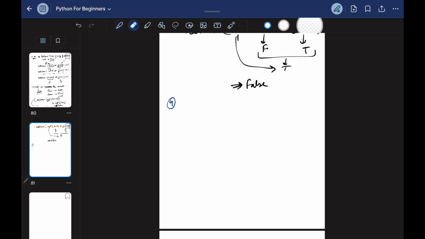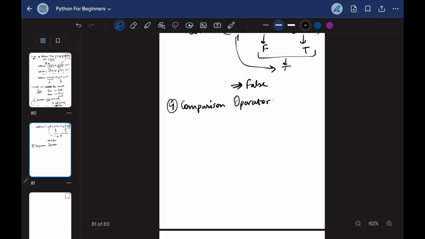Comparison operator. These are very basic operators, and you use them in your day-to-day programming as well. Let me give a good definition.